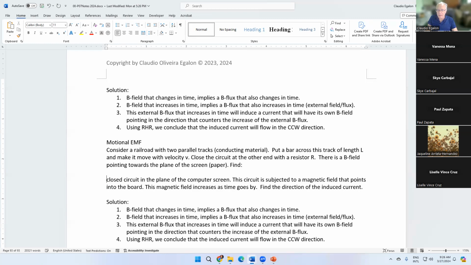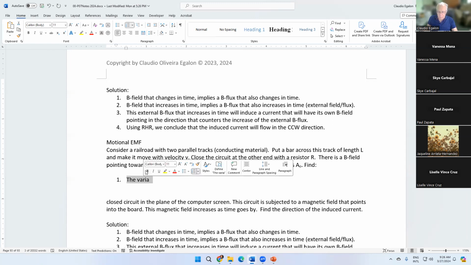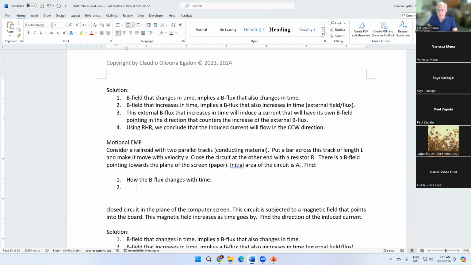Find, one, the initial, let's put one more thing here. Initial area of the circuit is A naught. Okay, let's put it this way. Find how the B flux changes with time.